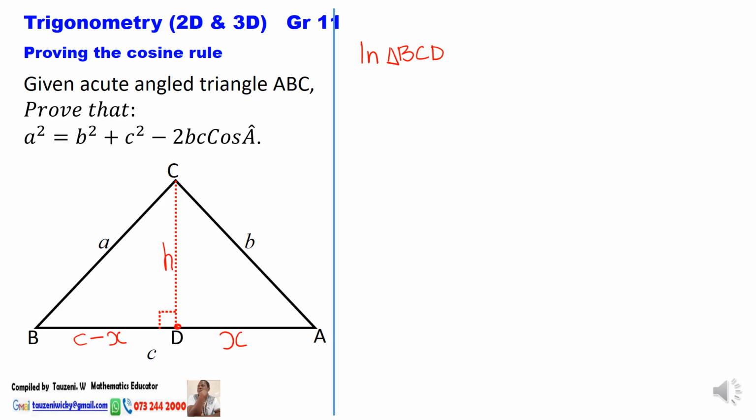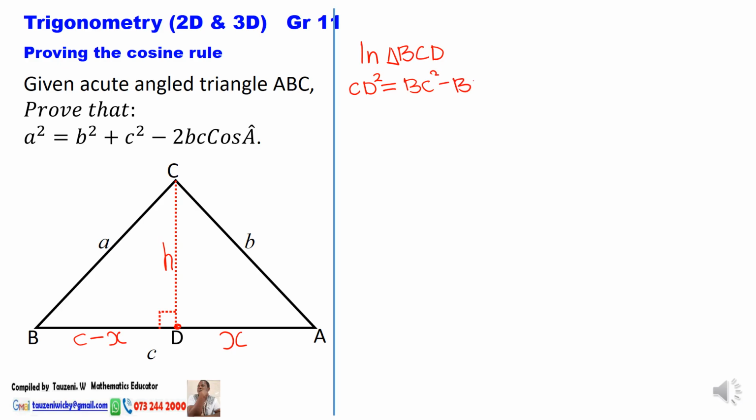In triangle BCD, we express h as the subject of the formula, or find the value of h in terms of a, c and x. So using the theorem of Pythagoras, we know that CD squared, where the hypotenuse of triangle BCD is BC, is equal to BC squared minus BD squared.